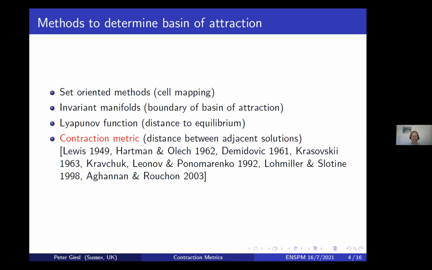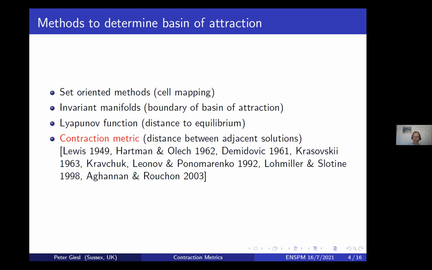And there are obviously lots of methods to determine such a basin of attraction. Set-oriented methods would separate your phase space into different cells and you look at the dynamics between these cells. You could try to find the boundary of the basin of attraction, which would be an invariant manifold. A very old and popular method is the method of Lyapunov functions, which in some way measure the distance to this equilibrium point. This distance must decrease.